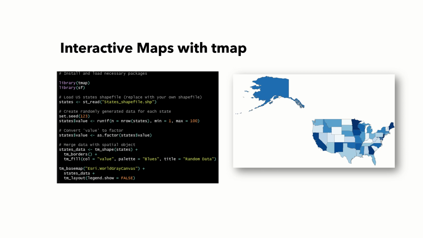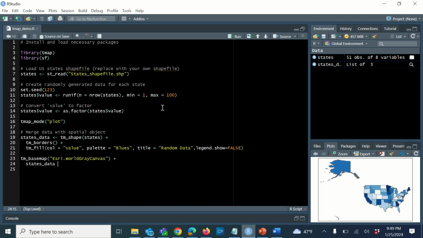Another really cool library is TMap, which can do interactive maps, which I'm going to demonstrate for you in R. So right now, we have loaded in a shapefile. We're going to just create some random data for each state just so that we can generate a heat map that looks interesting.